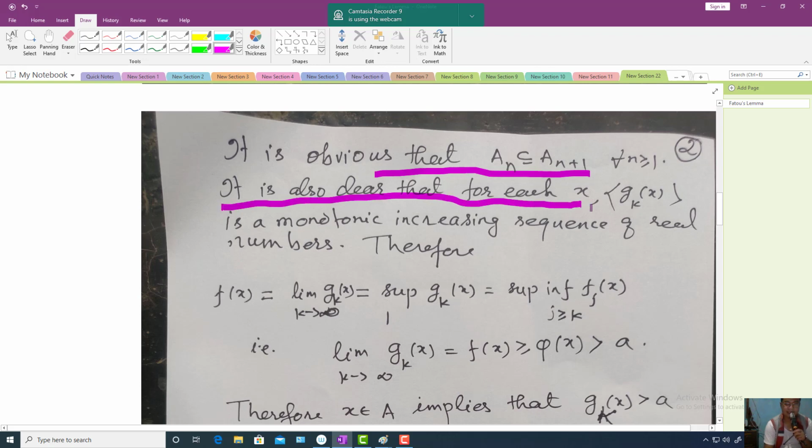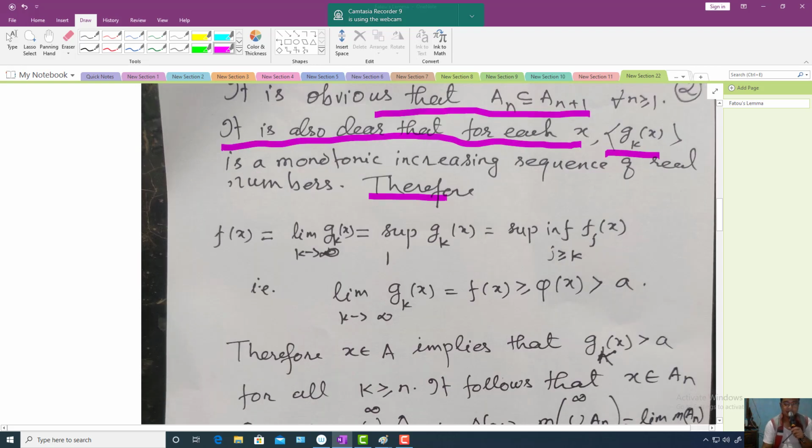It is also clear that for each x, this is a monotonic increasing sequence of real numbers. Therefore, the supremum over k of the infimum of f_j(x), j greater than or equal to k, is equal to the supremum over k of g_k(x), which is equal to the limit as k tends to infinity of g_k(x), because g is monotonic increasing.